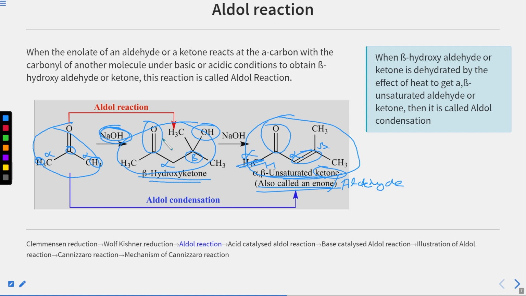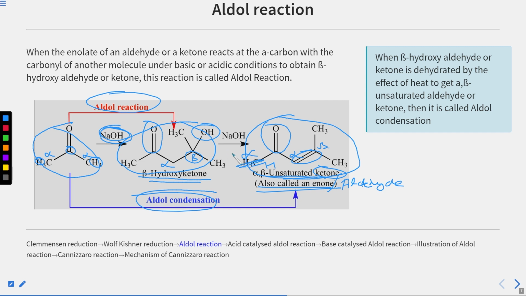And one more takeaway message from this aldol reaction: there is a difference between aldol reaction and aldol condensation. In aldol condensation, we basically convert the aldol reaction product to an alpha beta unsaturated ketone due to heat.